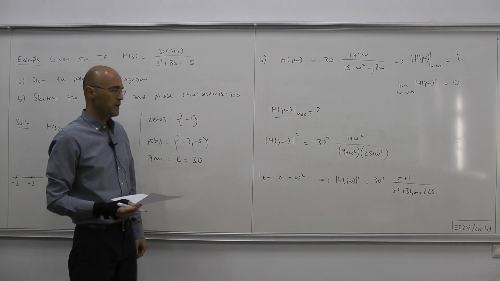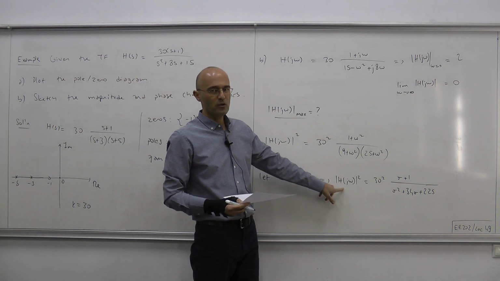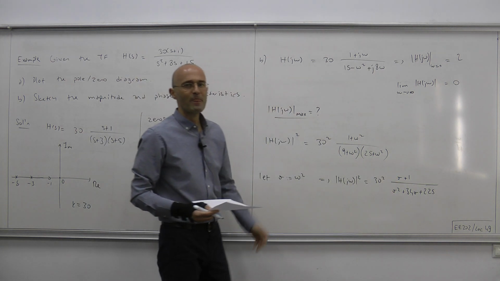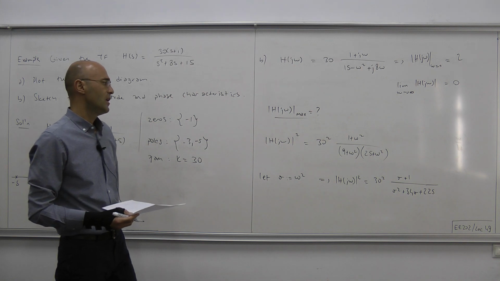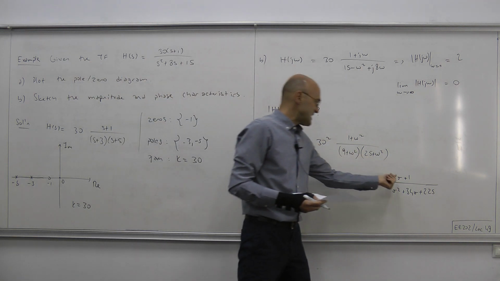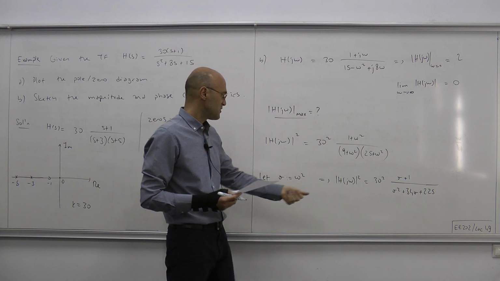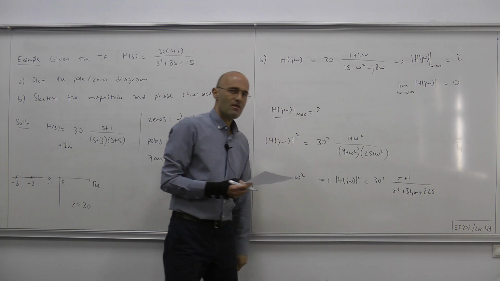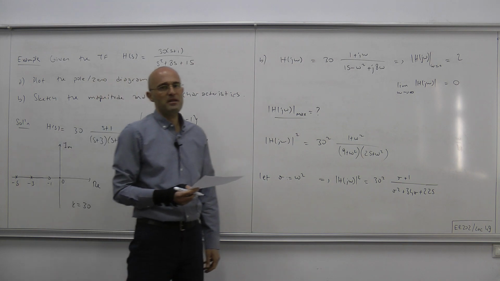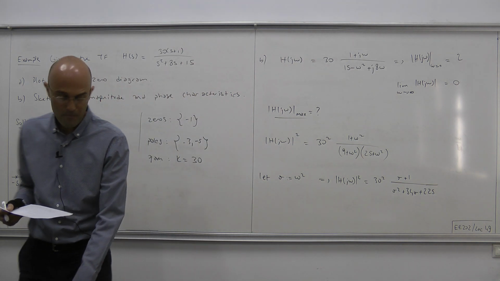So now we're going to differentiate this with respect to σ, equate that to 0, and that will give us the σ value at which the maximum is attained. And then square rooting that σ will give us the peak frequency, ω max.